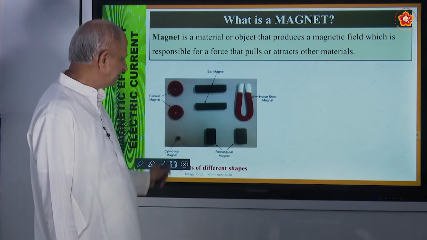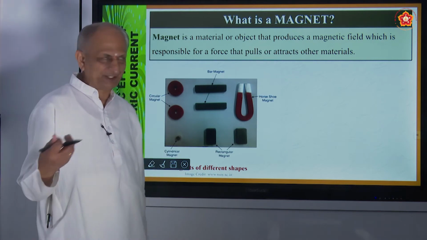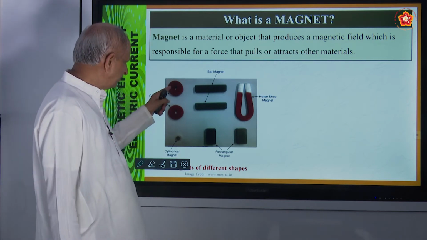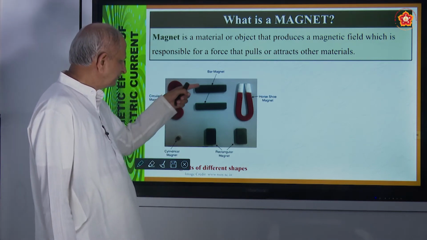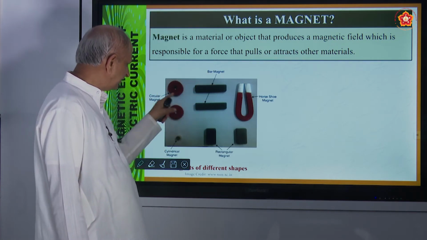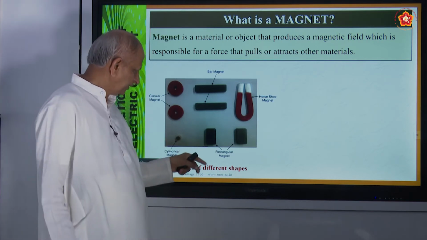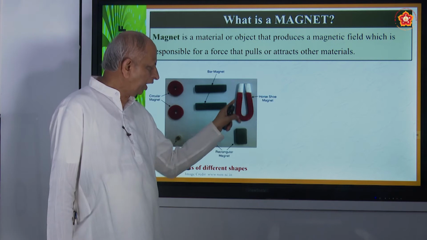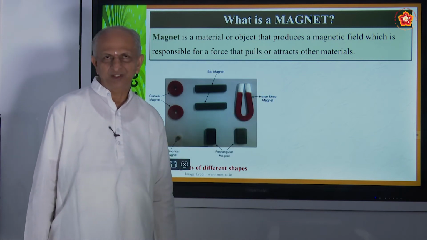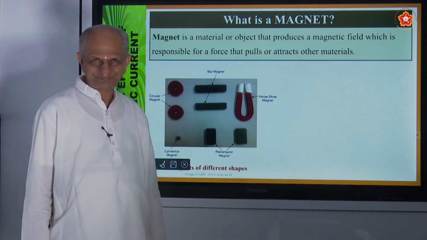So, these are some of the different kinds of magnets. Most of you might have seen them. These are called circular magnets, and these are called bar magnets. It is like a bar. It is a circle in nature. And this cylindrical magnet. You have rectangular magnets, and it is a horseshoe magnet. Why is it called like that? You have seen horses, right?